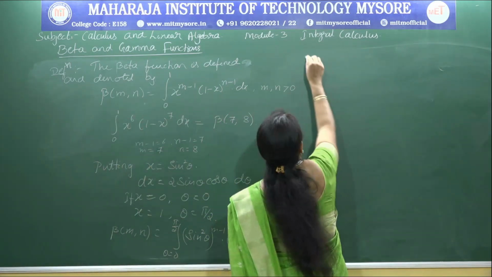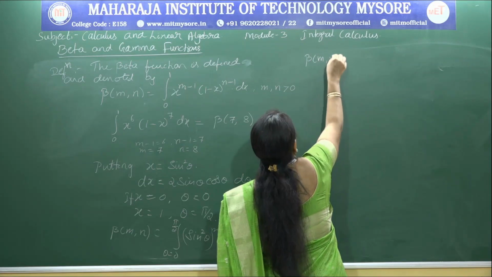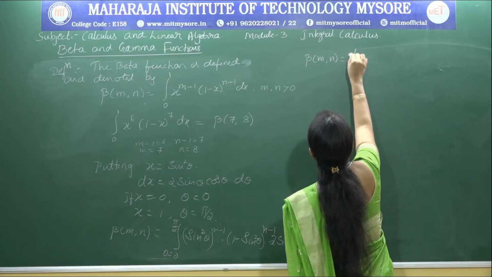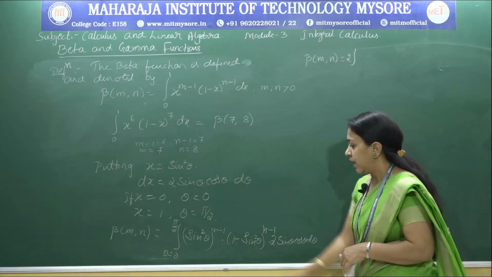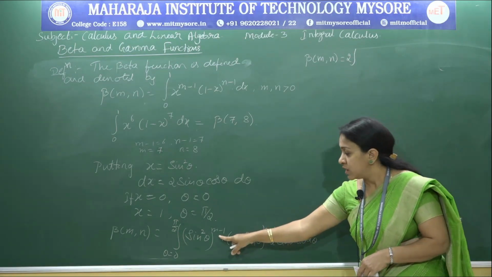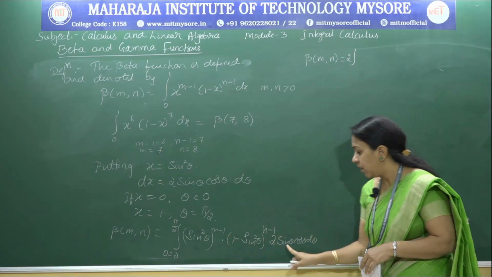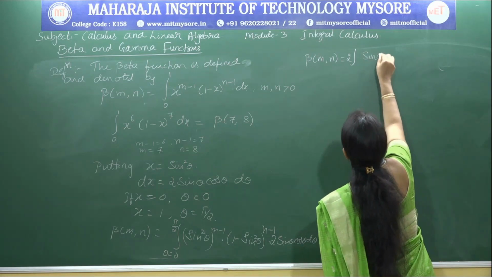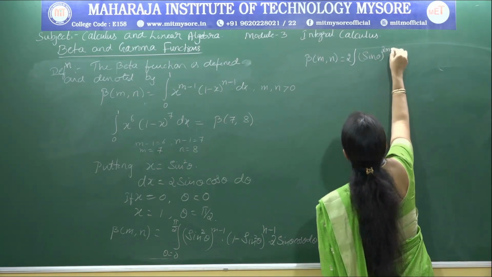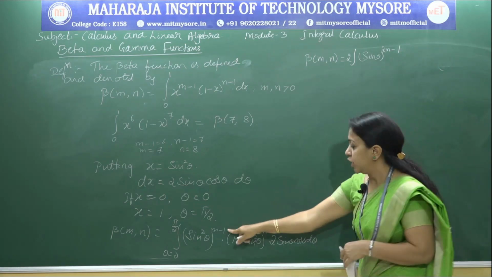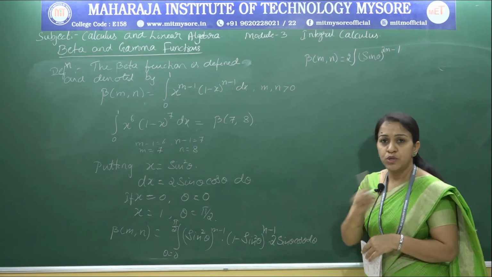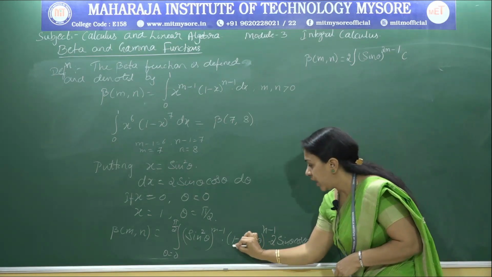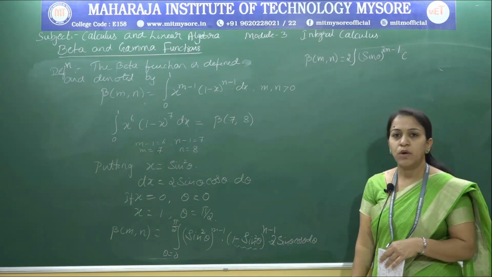So, beta m comma n is nothing but 2 times the integral of, I can add the powers of sine here, so that we are left with sine theta to the power of 2m minus 2 plus 1, that is 2m minus 1. The same thing with the next one. So we have here 1 minus sine square.